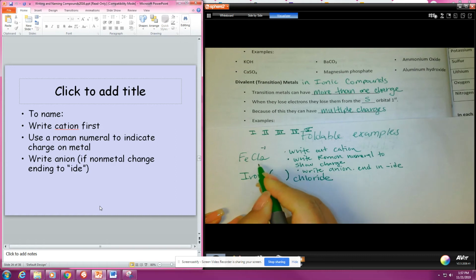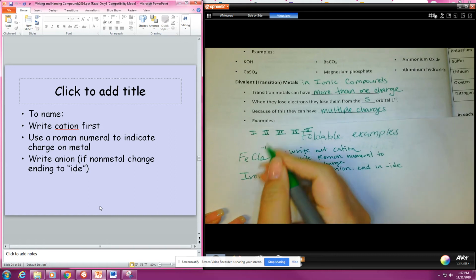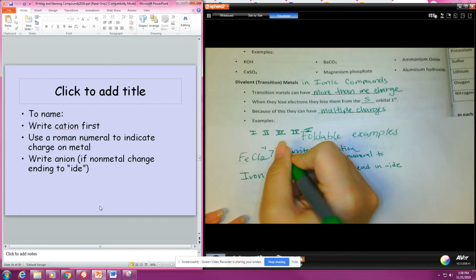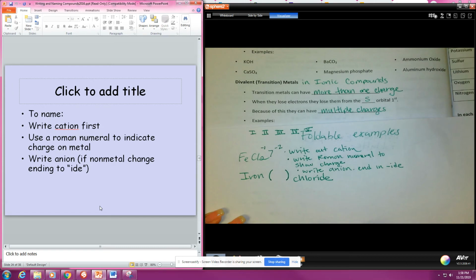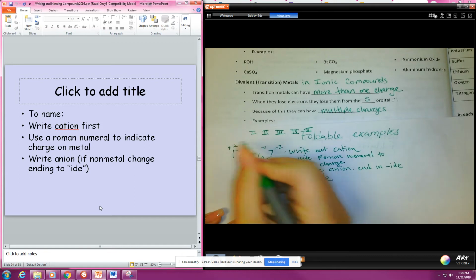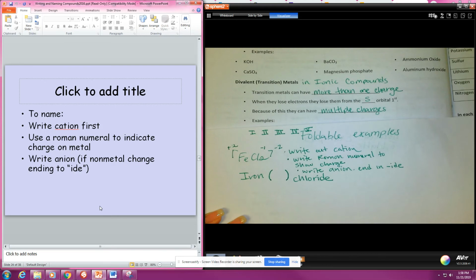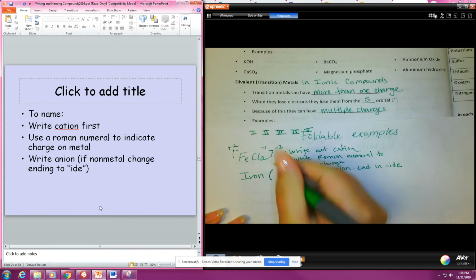If I have 2 of these, there is a total of a -2 charge over here. To cancel out that -2 charge, the iron, since there's only one of them, will have to be +2. So if I have iron with 2 chlorines, it's going to be an iron 2.